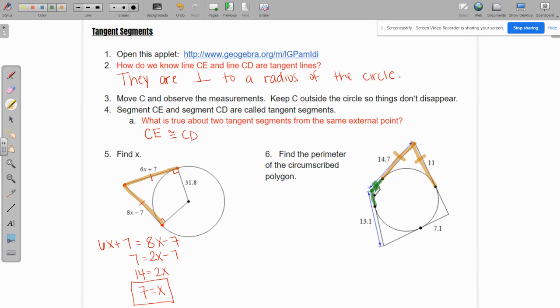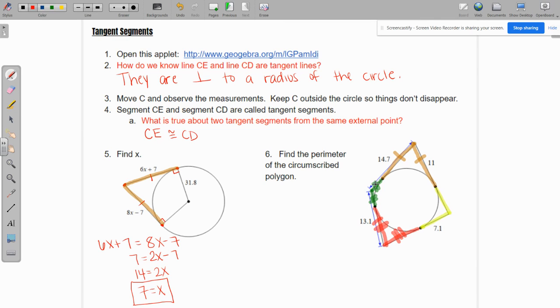So this one is congruent to this one. And then we can see that this would be congruent to this. So 1, 2, 3, and 1, 2, 3. And finally, we would have that this segment here is congruent to this segment because, again, those two are tangents that share the same external point.